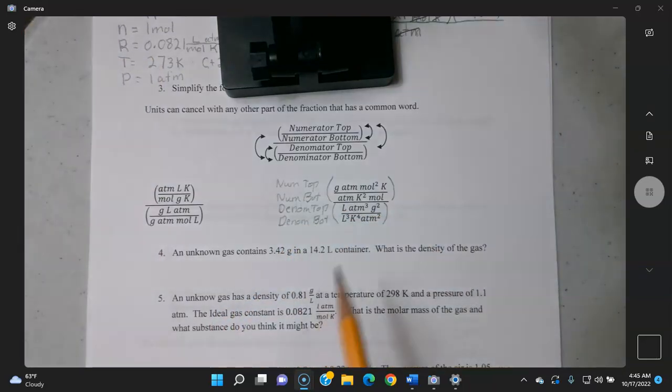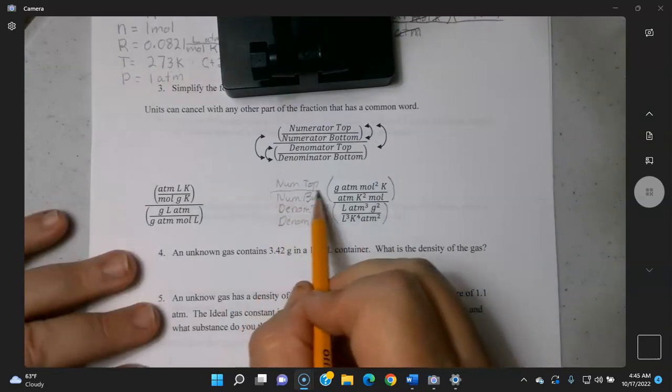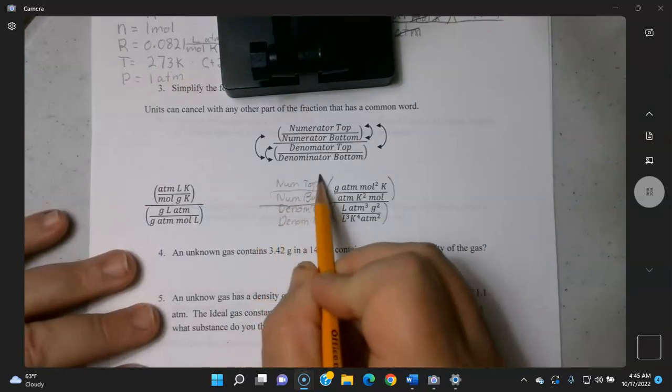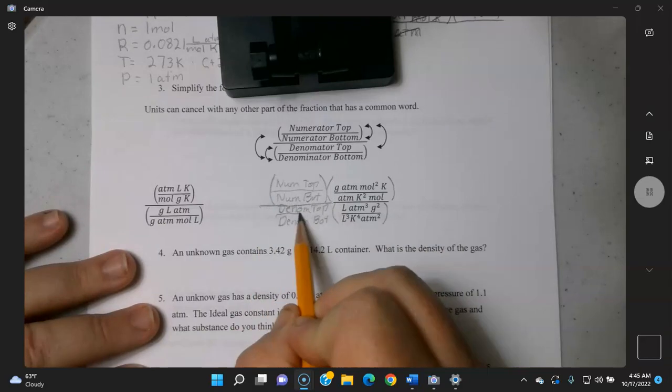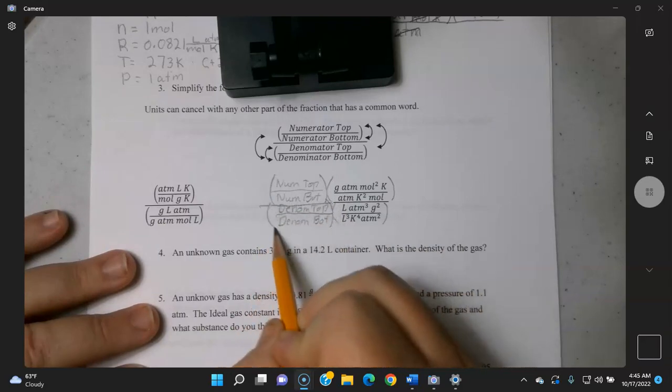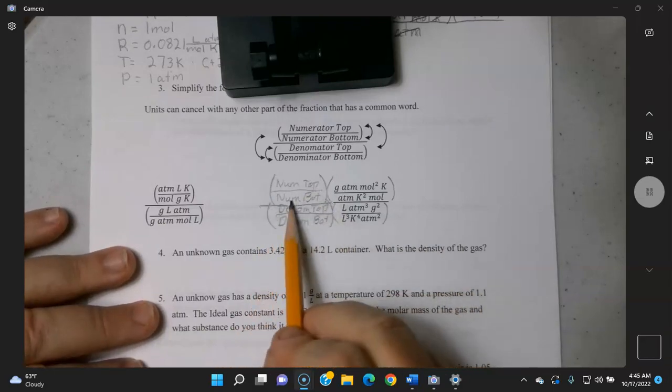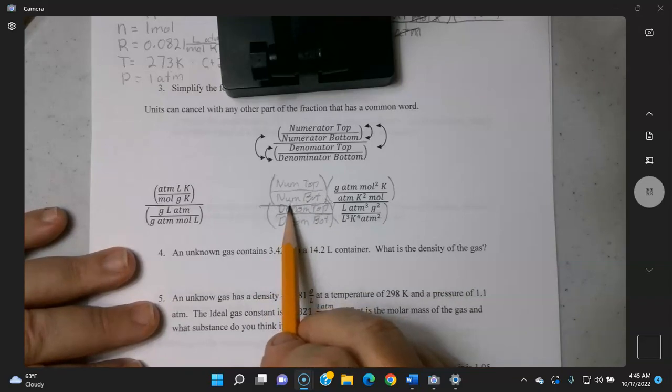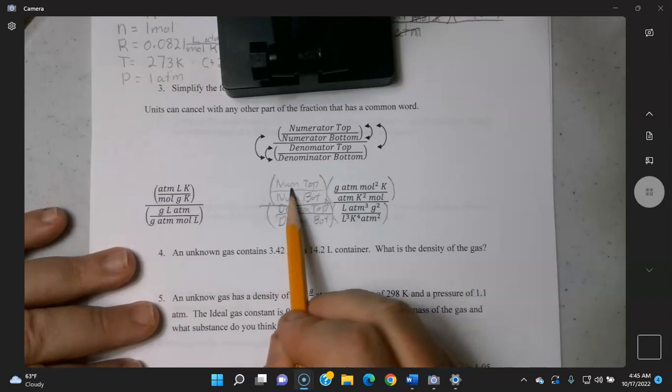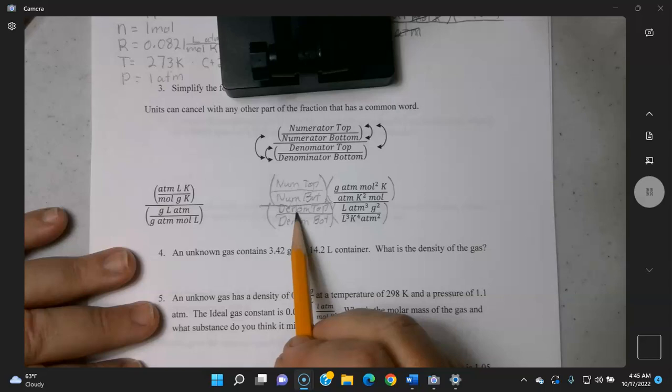Okay, so remember, if they have any word in common, they can be canceled. So numerator top can cancel with numerator bottom because they have the word numerator in common, and numerator top can cancel with denominator top because they have the word top in common.